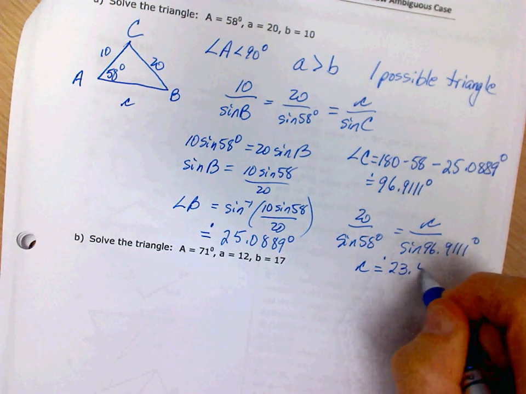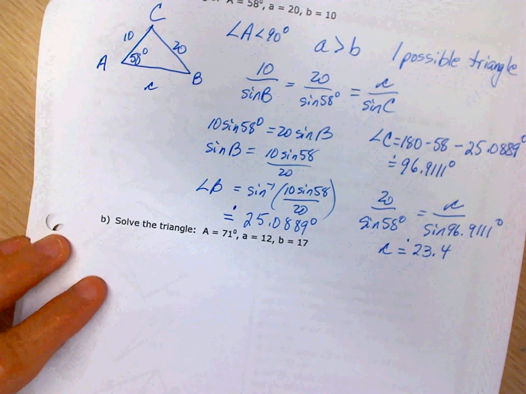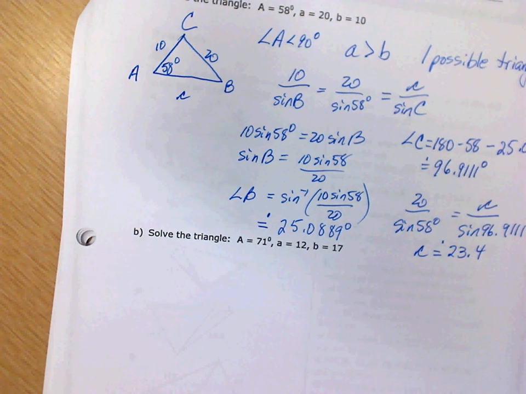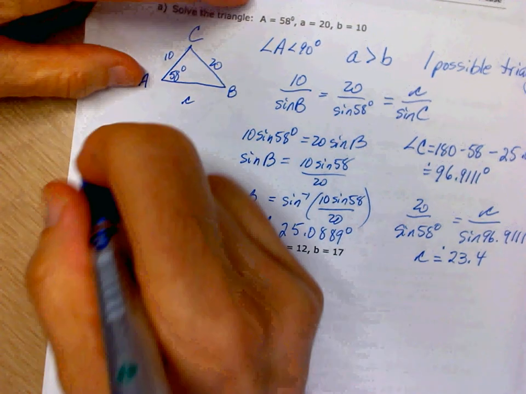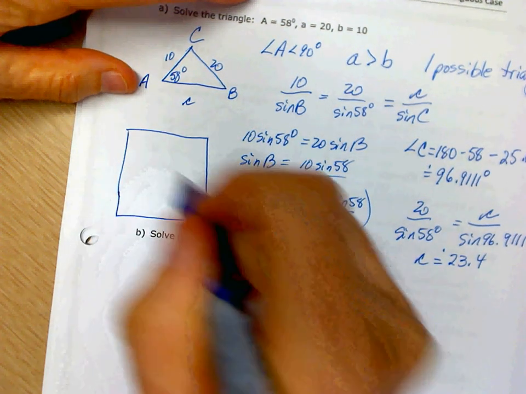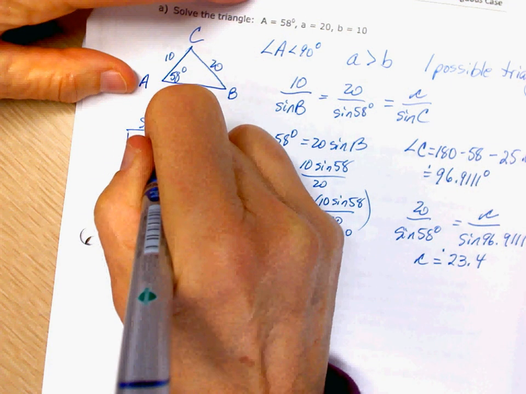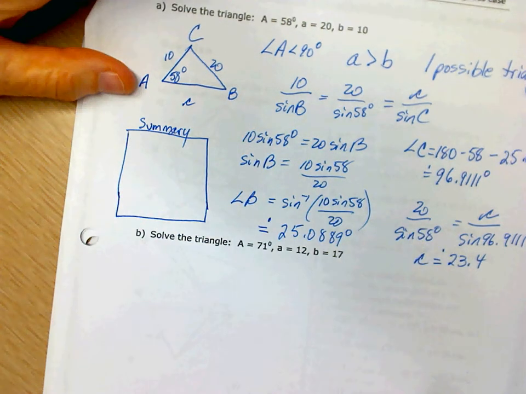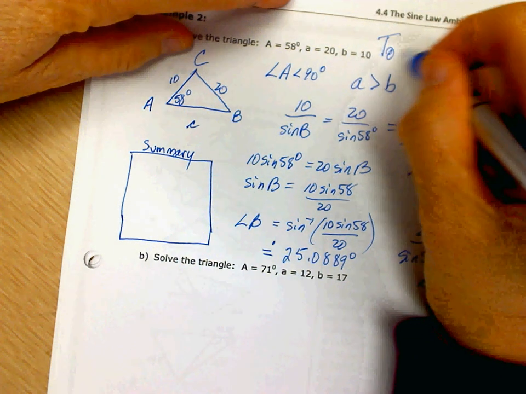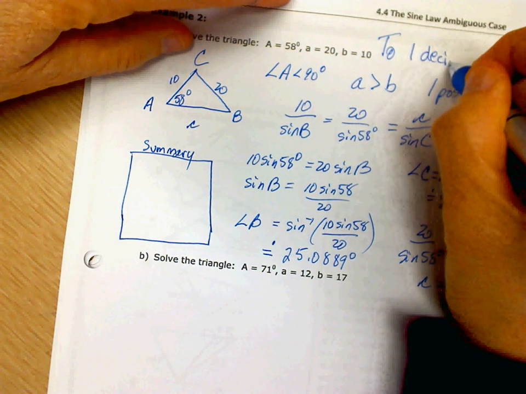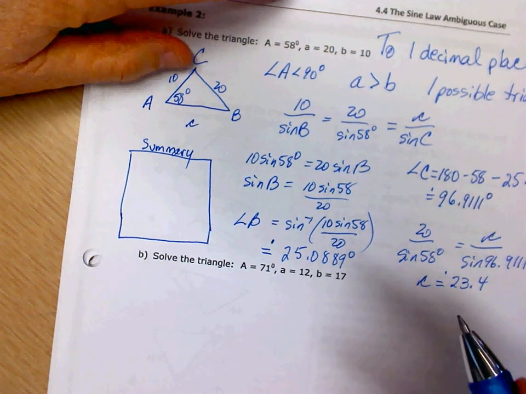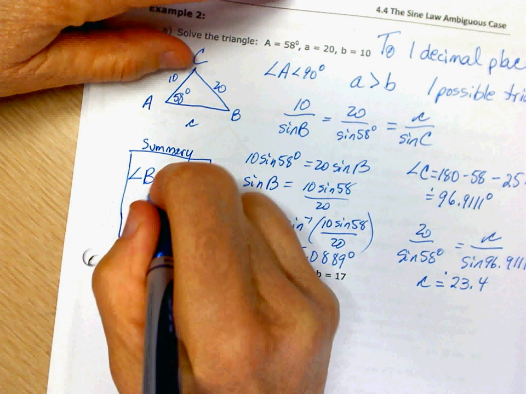So, let's do our summary. When they say solve the triangle, I just want you to do a summary of what you had to calculate. And we're going to do everything to one decimal place. So angle B is approximately 25.1 degrees.